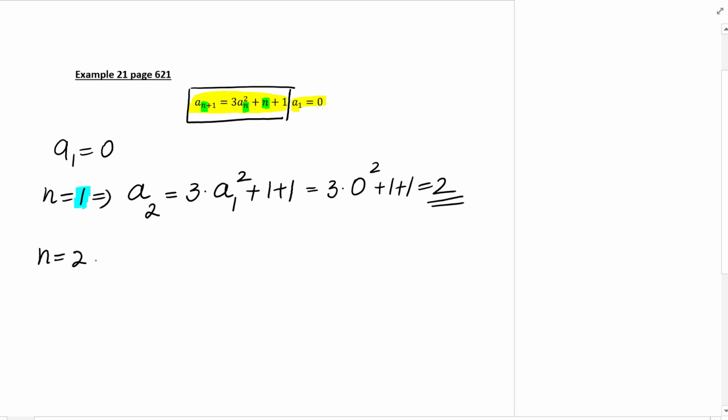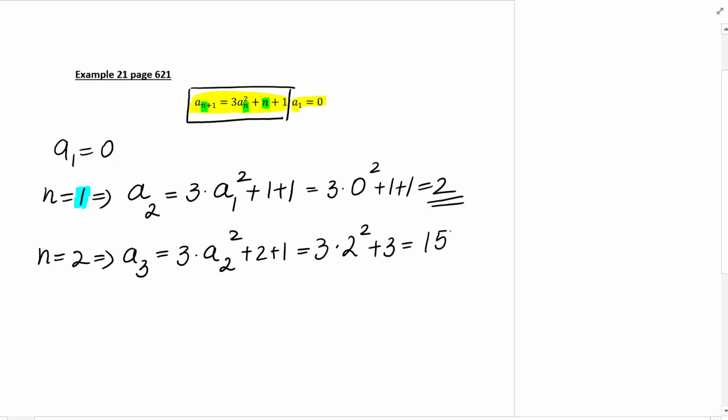If n equals 2, we get a sub 3 equals 3 times a sub 2 squared plus 2 plus 1. Now a sub 2 was found, it's 2, so we get 3 times 2 squared plus 3. That's 4 times 3 is 12 plus 3, which is 15. N equals 3 is going to produce a sub 4.